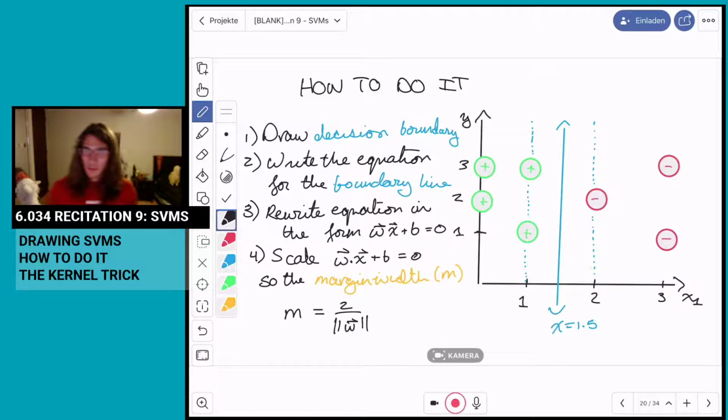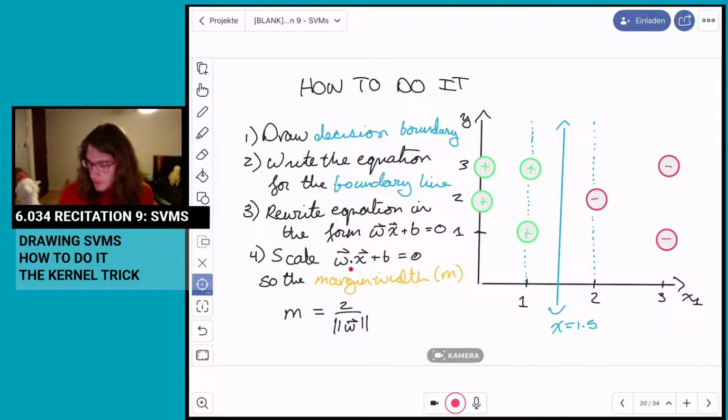There's a mathematical proof that shows how to go from this Wx plus b to this margin width being equal to 2 over the magnitude of W. It's far outside of the scope of 6034, so I'm going to give you this equation and ask you to take it for granted that it is the margin width in a support vector machine problem.